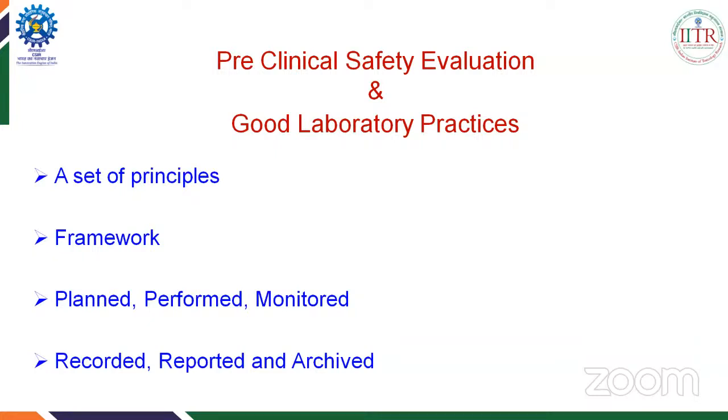So once you plan, perform, and monitor the study, you have completed the study, and you have also recorded all your findings during the conduct of the study. You then prepare a report. And once the report is prepared, of course, it will be audited by the QAU. It will also be reviewed by the study sponsor. So these are some terms which those of you who are into the GLP mode would know.